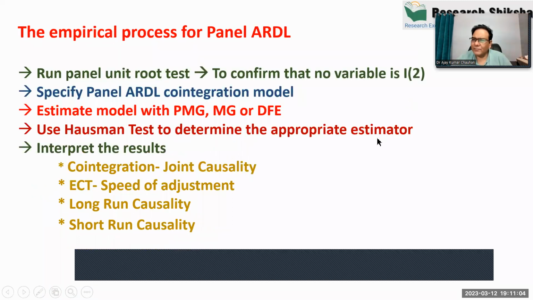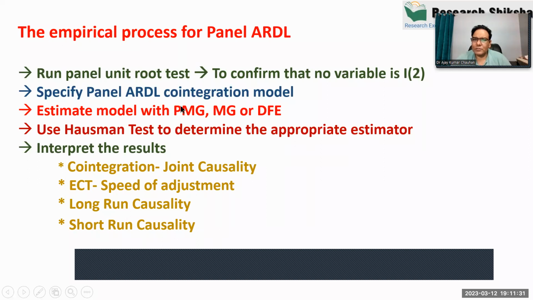As we discussed yesterday, we have three tests to check panel ARDL, that is PMG, MG, and DFE. By default, we have to apply unit root test to check that no variable should be I2. All variables should be I1 or I0. We can check from panel unit root test. Then we go for panel co-integration.